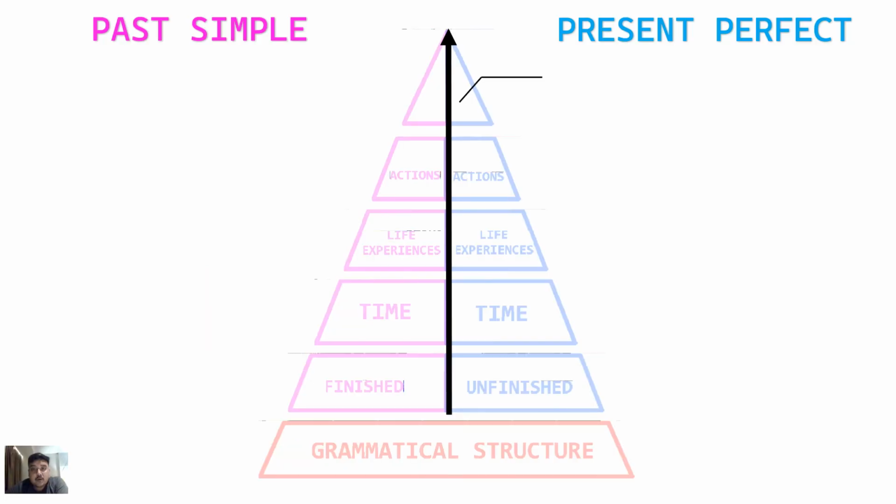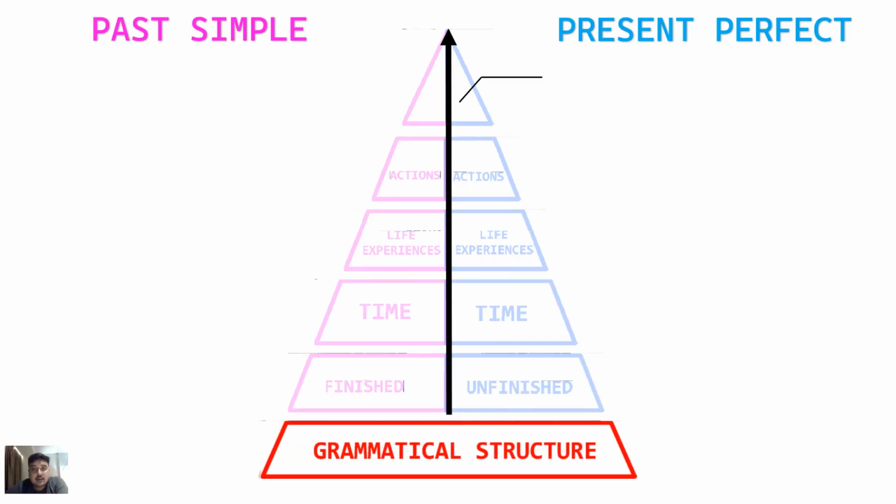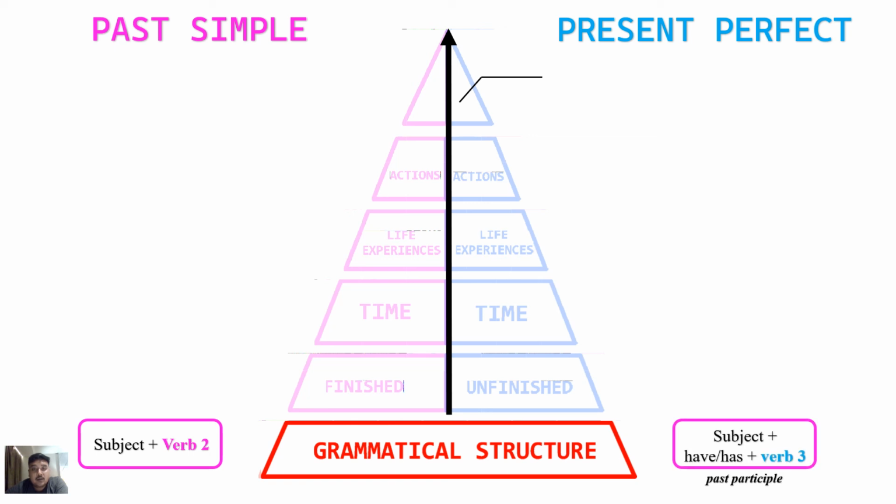Okay, are you ready for a big review of both tenses? We have different grammatical structures here. Verb 2 for past simple, and has/have plus verb 3 for the present perfect, or we call it the past participle. And it is all about something that is finished and unfinished.